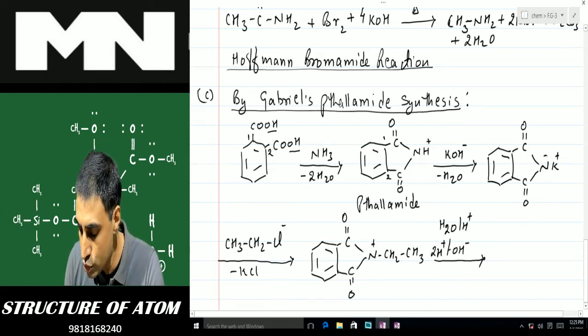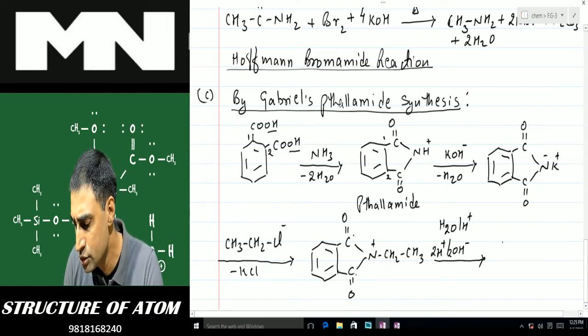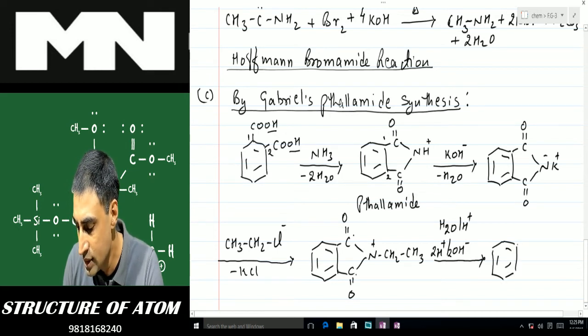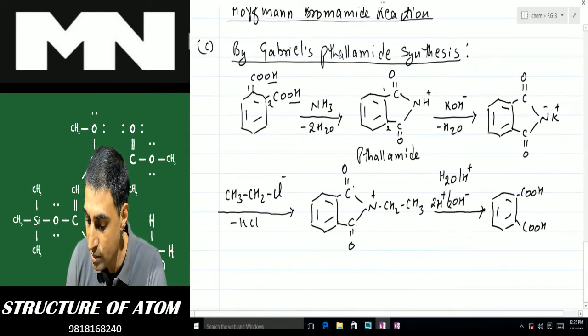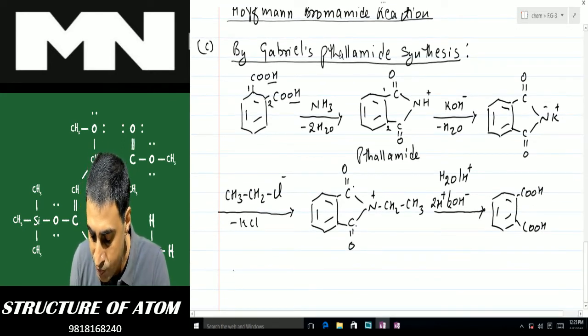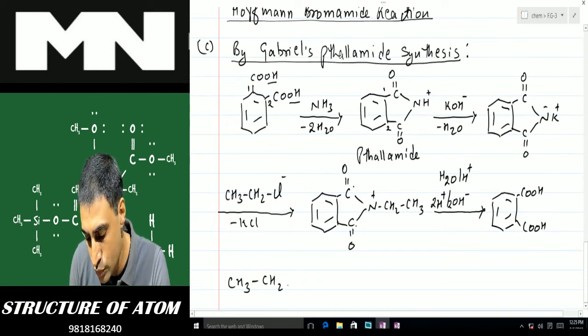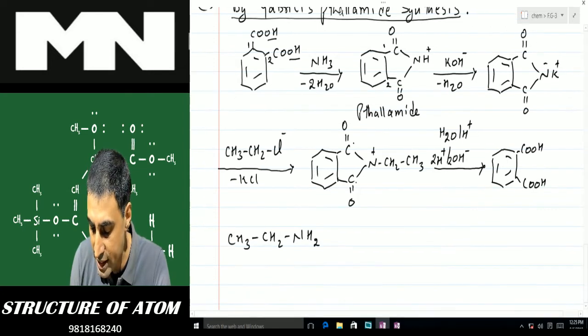Of these 2 moles of OH negative, one will combine here, another will combine here. So you'll get phthalic acid again, that is COOH and COOH. And the 2 hydrogens will combine with nitrogen. So when they combine with nitrogen, the compound you will get is CH3CH2NH2. So you are getting a primary amine.